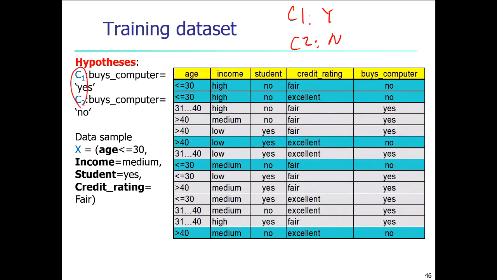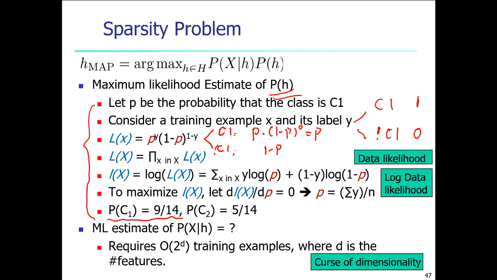So there are 9 yes in the whole data set and 5 no. That's why you've got probability of C1 is 9/14 and C2 is 5/14. So the estimation of probability of H is easy. But to do the MLE for probability of X given H is not that simple.